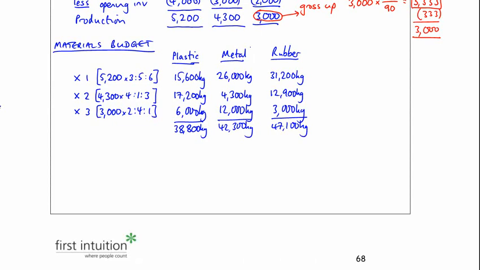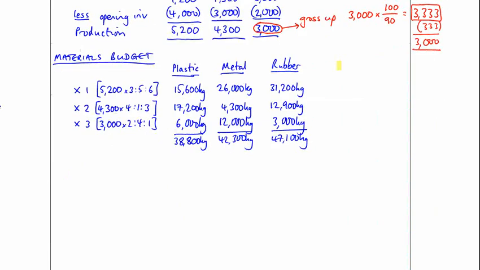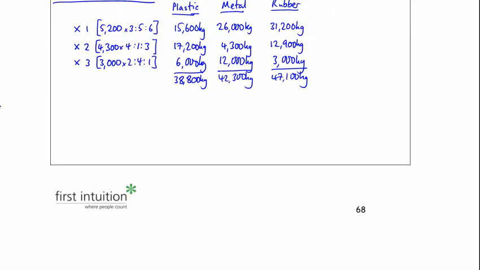What we also have to remember here, though, is that we did get some information about some wastage in the question. So we were told it's expected that 100 kilograms of plastic will be wasted in the manufacturing process, in manufacturing X2. Now it doesn't really matter which product it's wasted in. The fact is that we're going to need to use 100 kilograms more plastic than we have just calculated. So if we now just go and add that in down the bottom here, just call it wastage.